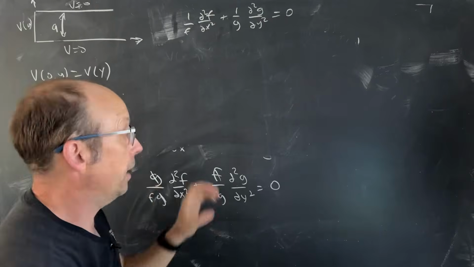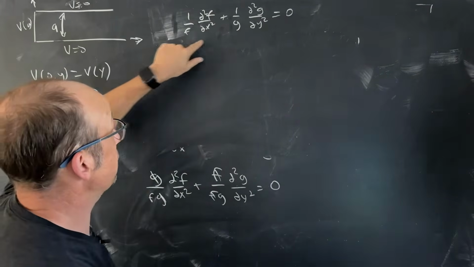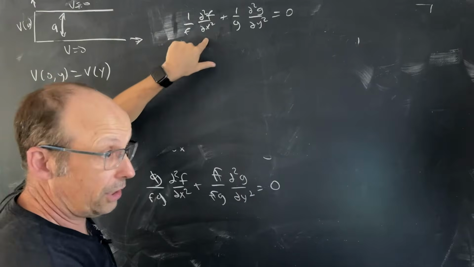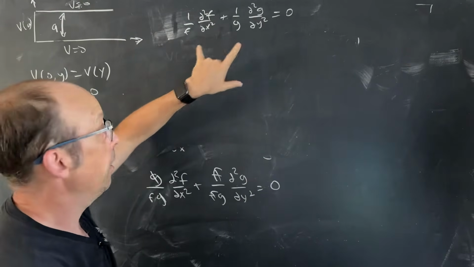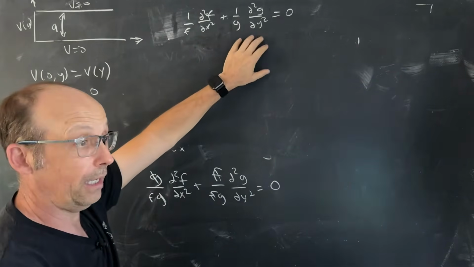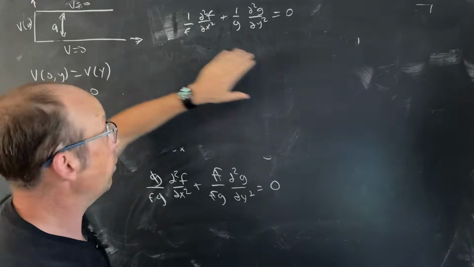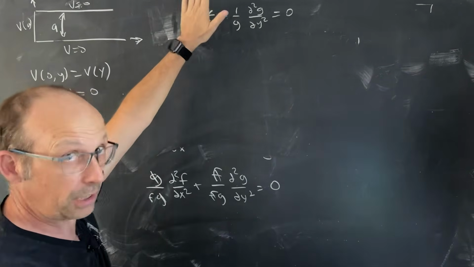Now imagine that I change my x, but I keep my y constant. So the x's are going to change here, but that stays the same. But still these two things have to add to 0. Or if I change my y value but keep x constant, they still have to add to 0, but this term doesn't depend on y, so it's not going to change.